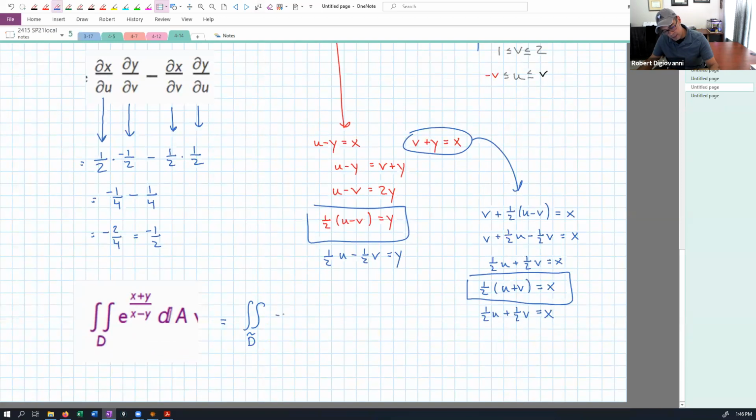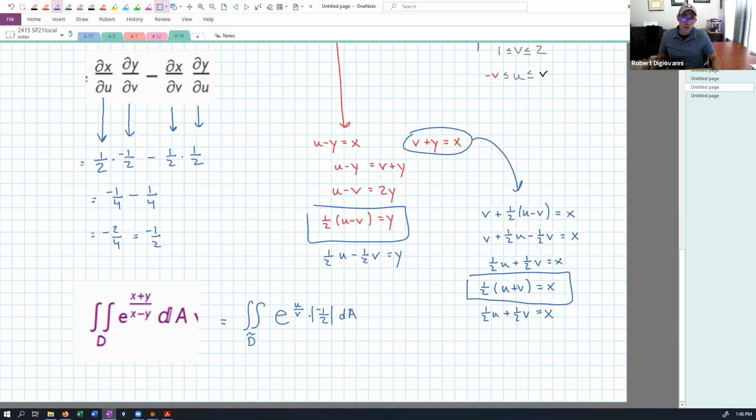And then it'll be e to the, I'm now replacing, right? So we said that x plus y was u, and we said x minus y was v. And then I have the Jacobian, right? I have to multiply by the magnitude, or absolute value, of the Jacobian. So there's going to be a half here. If you want, you can put negative half and put in absolute value if it makes you feel better. And then dA.